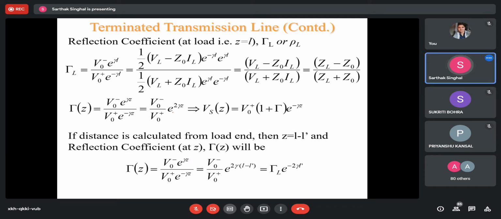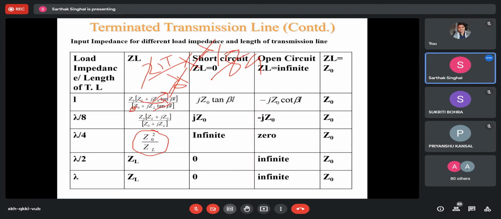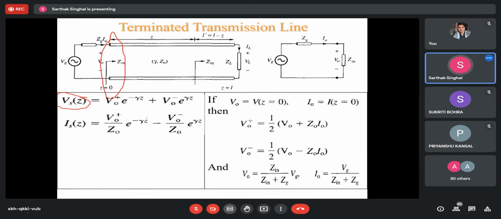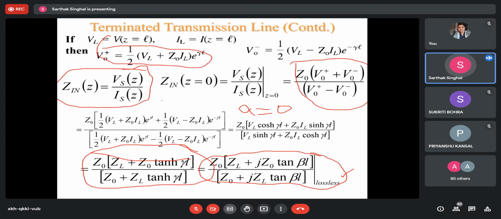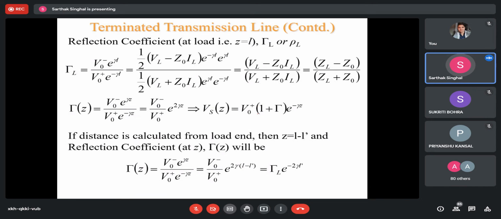So if I use this equation in this one, can I take V0 plus into e to the power minus gamma z common from both the terms, and I will be left with this equation. The first term is V0 plus e to the power minus gamma z, right?